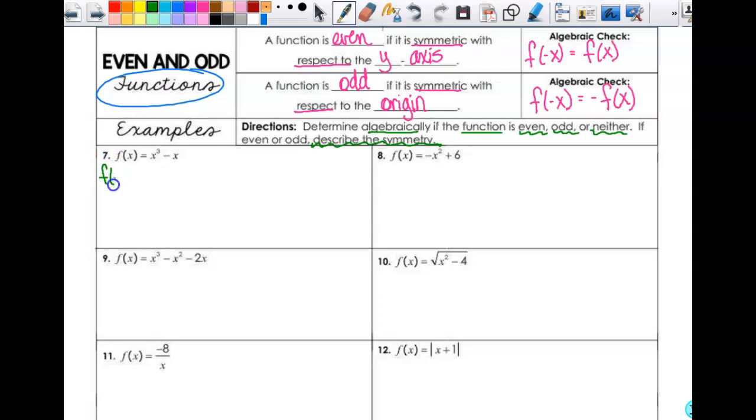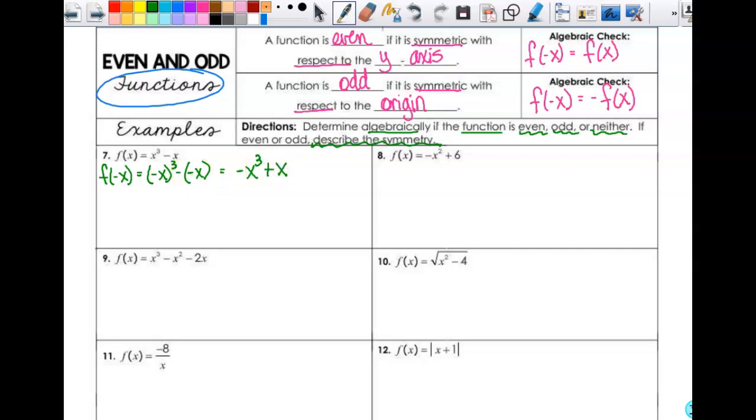That means I substitute in a negative x everywhere there's an x. This gives me negative x cubed minus a negative x. So this equals negative x cubed, and then minus a negative x is going to be plus x.